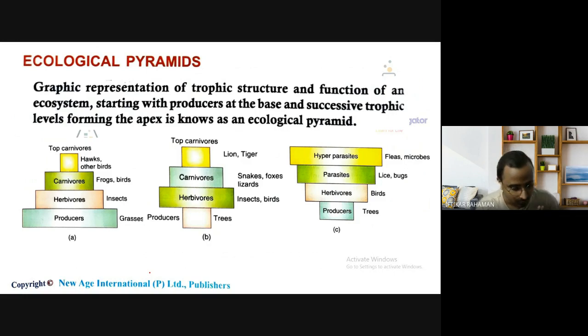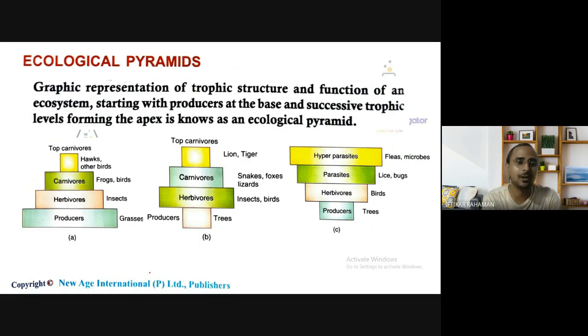So most students need to understand that ecological pyramid is not of one type. There are several types of ecological pyramid which are present in the ecosystem. The first type of ecological pyramid is the pyramid of number.